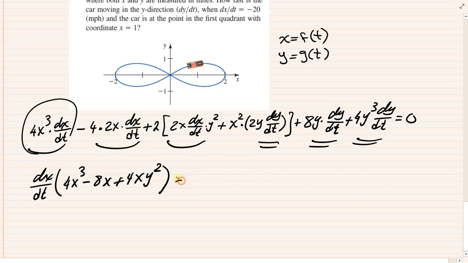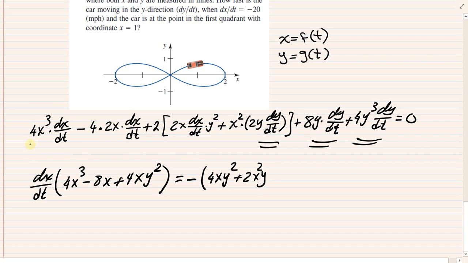And let's move dy dt's to the other side. So they're all positive on the left. They become negative on the right. I'm going to factor negative on the right. So it's going to be 4x y squared. And then plus 2x squared y. Oh, actually, sorry. I'm doing dy dt. So let me get rid of these. That one is in error. Okay. This one.